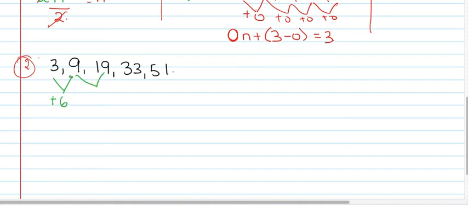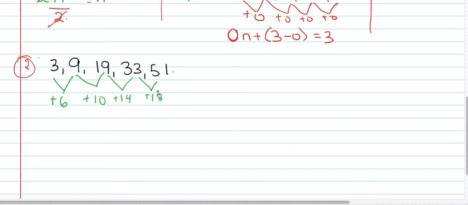If you want to find out the next one, you just get 19 minus 9. So they added 10, so we add 10 there, and then 33 minus 19, they added 14 here. Okay, hope you're following. And then 51 minus 33, they added 18.